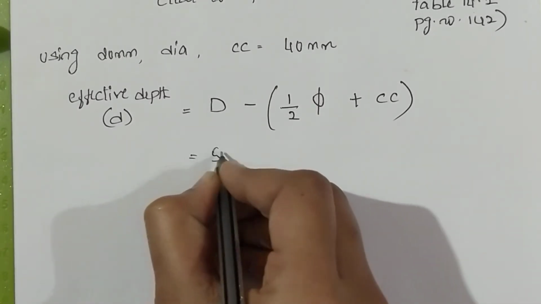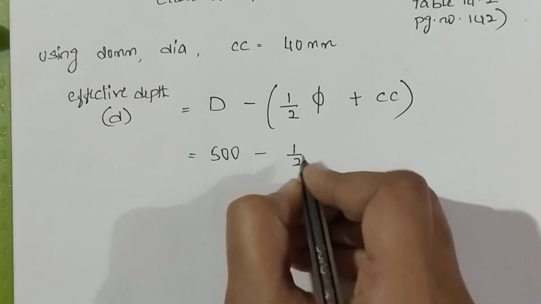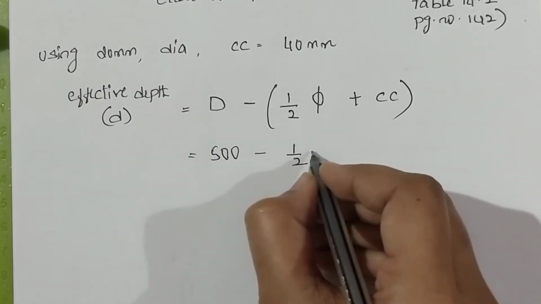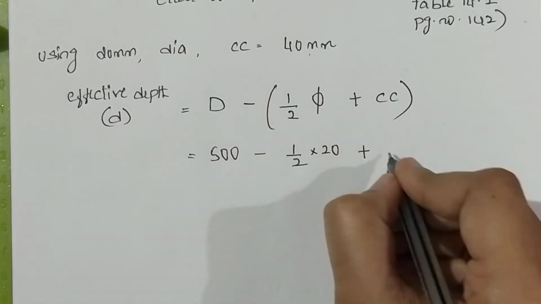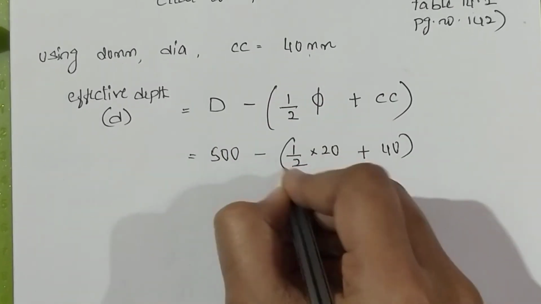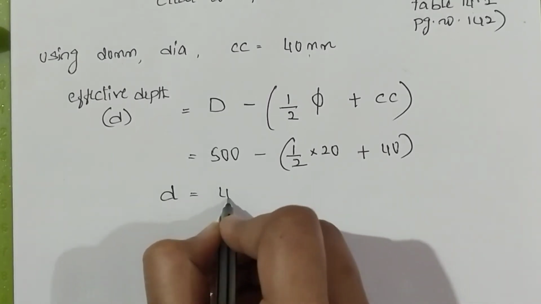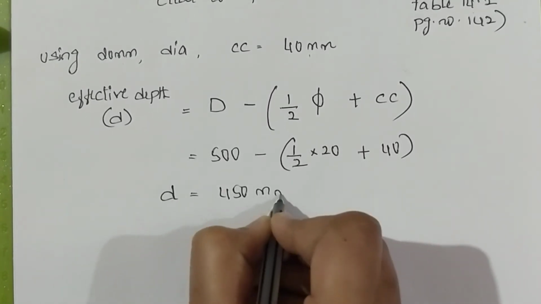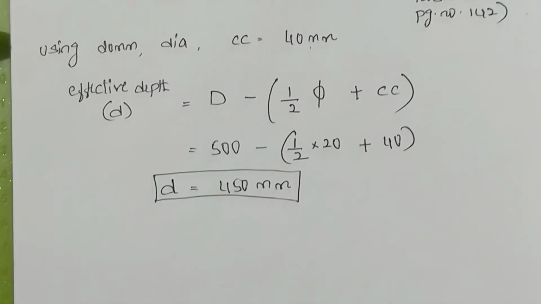Substitute it, overall depth it is 500 minus the dia of the bar you have assumed as 20 mm, that is 20 plus clear cover 40 mm. Substitute it and you will get effective depth d equal to 450 mm.